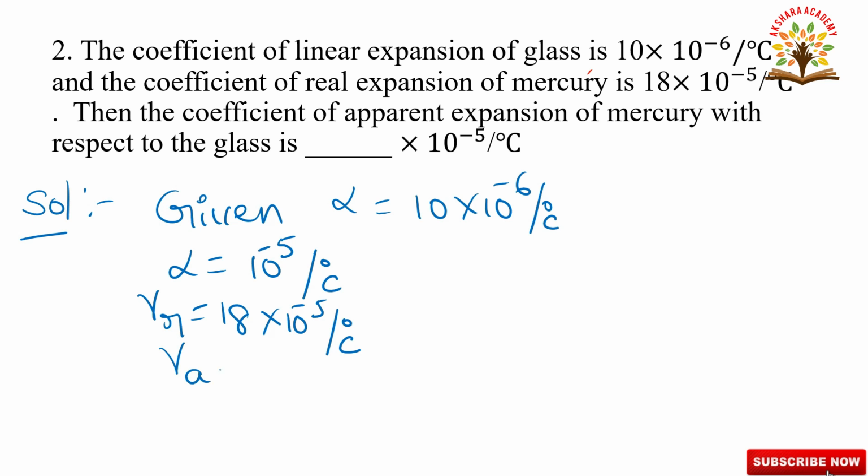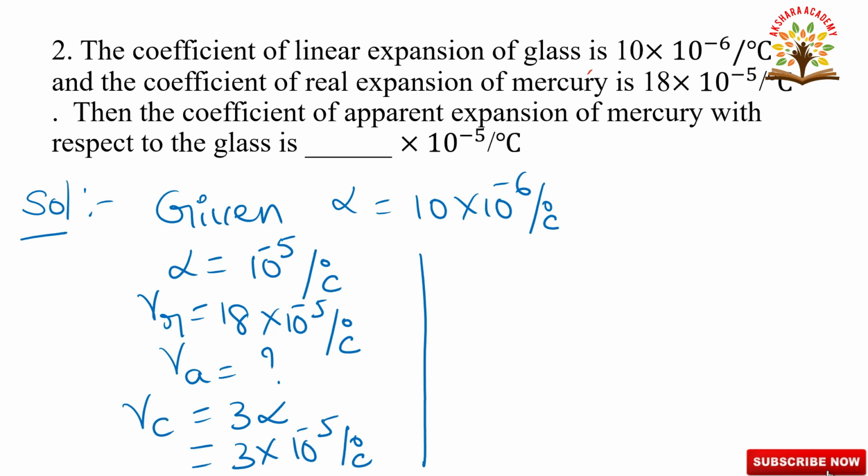Gamma A is equal to question mark. We have to find gamma A. Here gamma C is equal to 3 into alpha, that is equal to 3 into 10 to the power of minus 5 degree centigrade inverse.